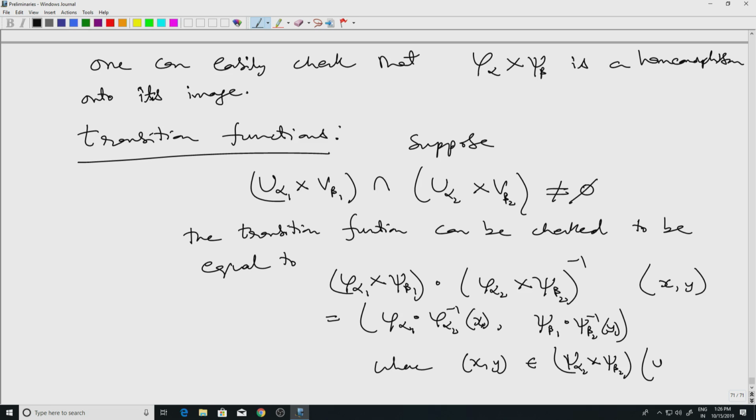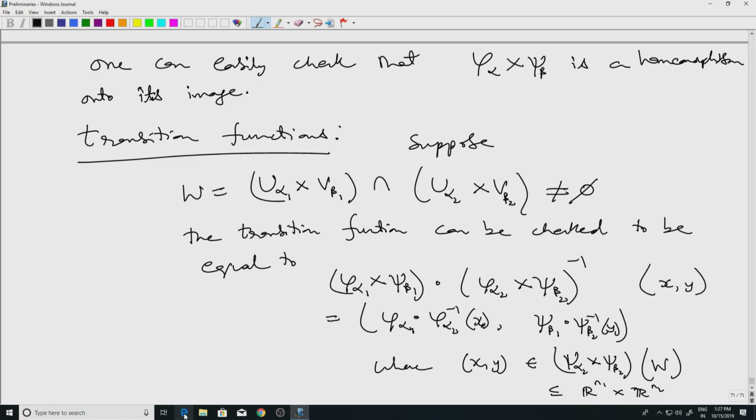Let's just give it some name. Let's call it W. W equals this. So then I can just write, so x comma y belongs to this, which is an open subset of Rn1 cross Rn2.